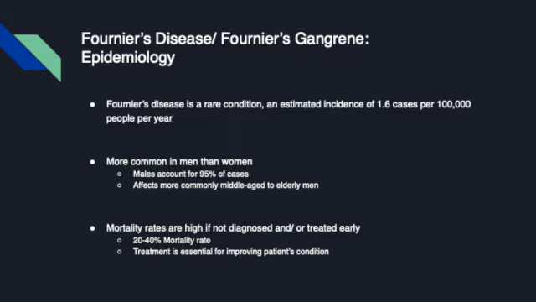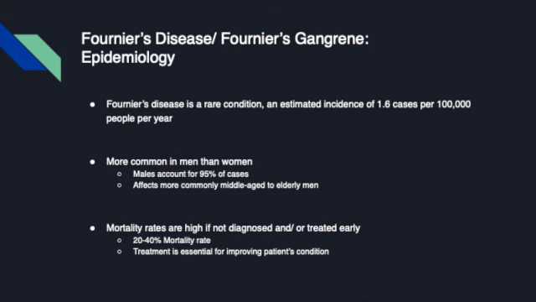Also, the mortality rate of Fournier disease is high if not diagnosed or treated early. The overall mortality rate is anywhere between 20 to 40% if not treated. Therefore, treatment is essential for improving patients' health condition.